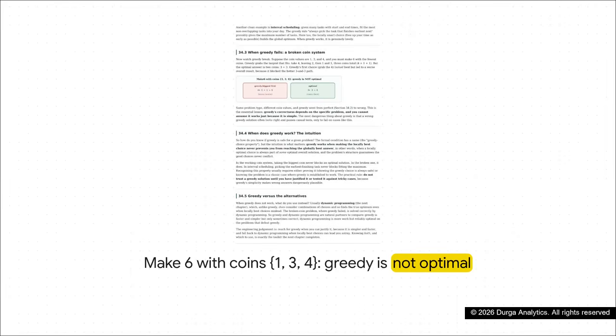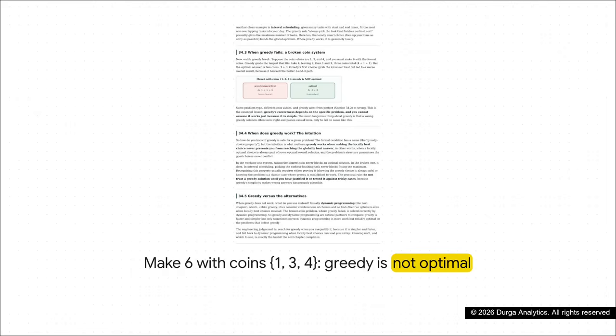But wait, the optimal answer is actually just 2 coins, a 3 plus a 3. Greedy's first choice, grabbing that initially appealing 4, looked great locally, but it led to a much worse overall result because it completely blocked the globally optimal path of using 2 3s.